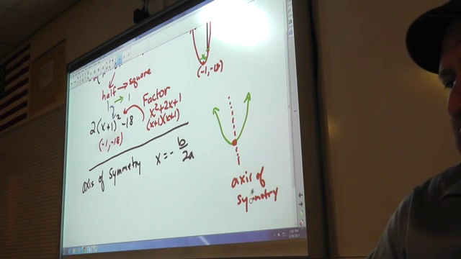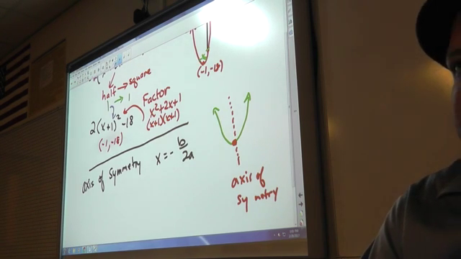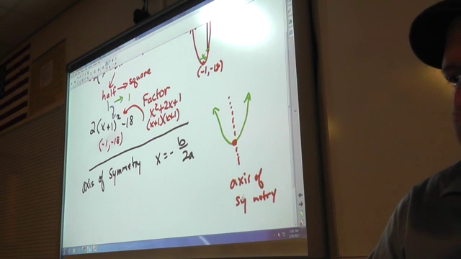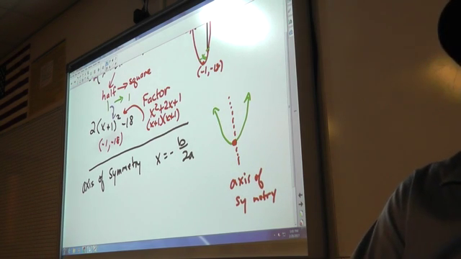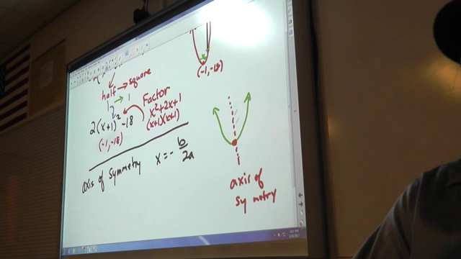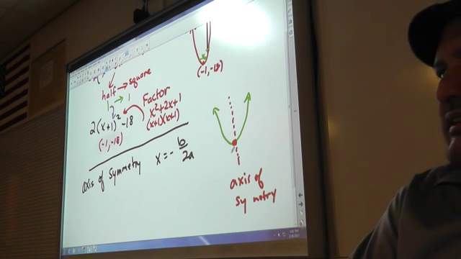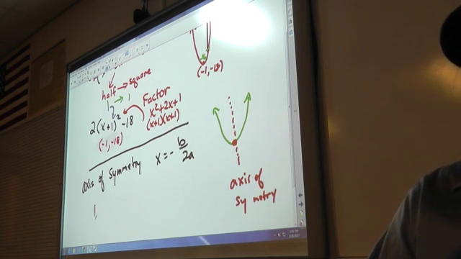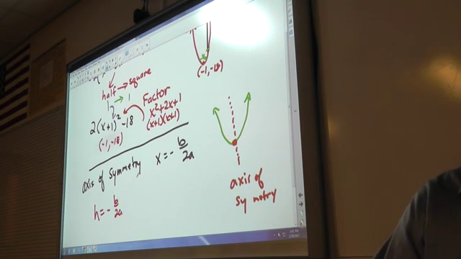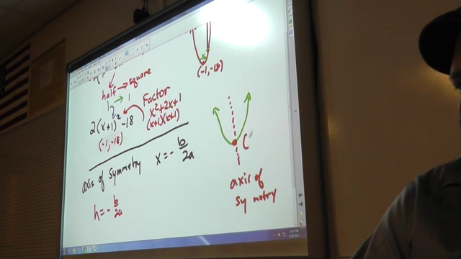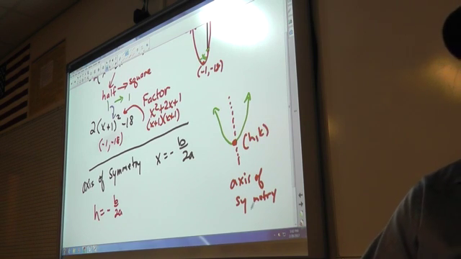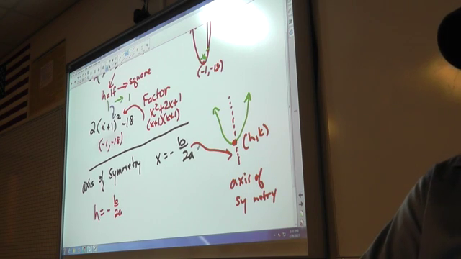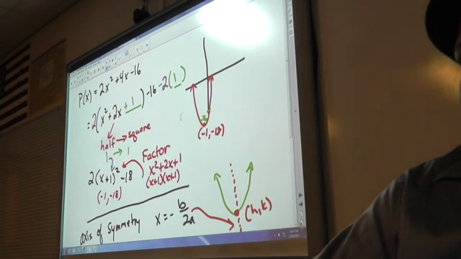Well, it's not really your belly button, but the axis is right there. So obviously, h is negative b over 2a. Would you guys agree with that? Because if this is h, k, and I also know that this is true, then h has to be negative b over 2a. So I could have got that right away.